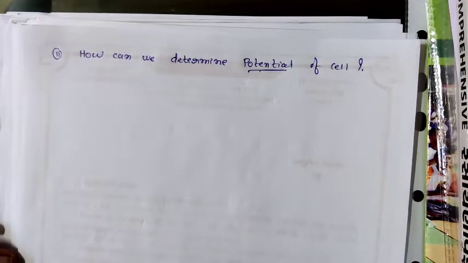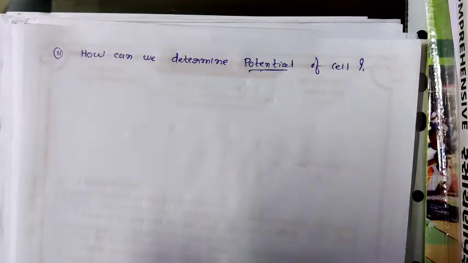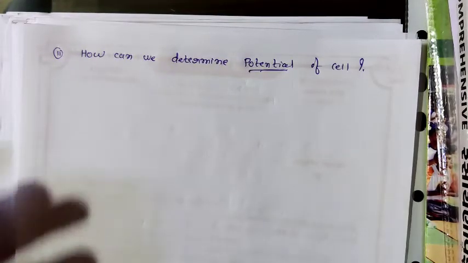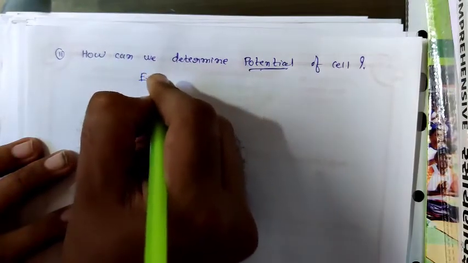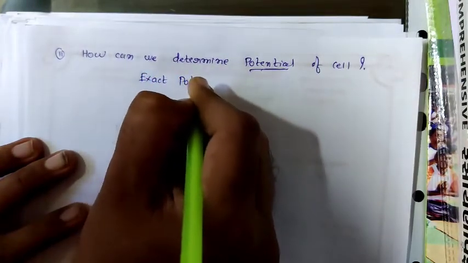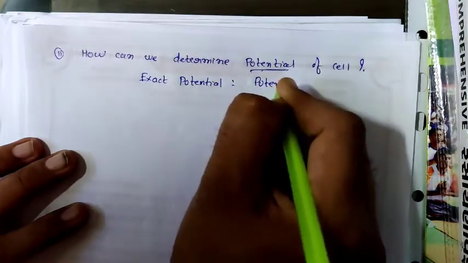The power which is coming from the electric pole is measured in voltage, but when the power is coming from a pencil cell, it is known as potential, not voltage. So on a small scale it is potential, and on a higher scale it is voltage, and we can easily determine the exact potential with the help of a potentiometer.